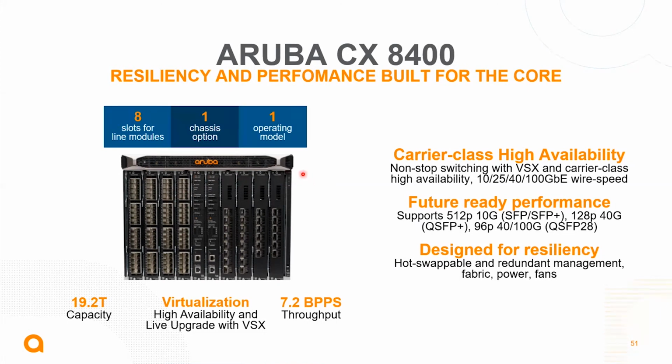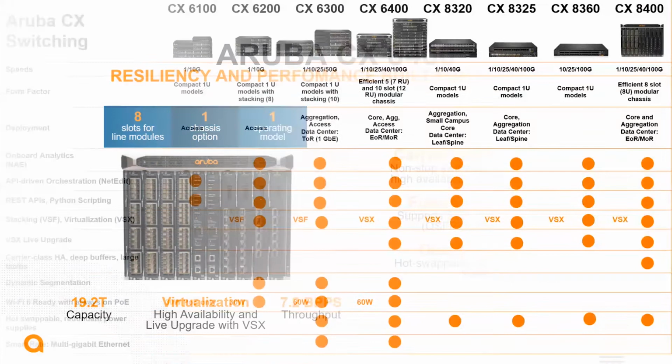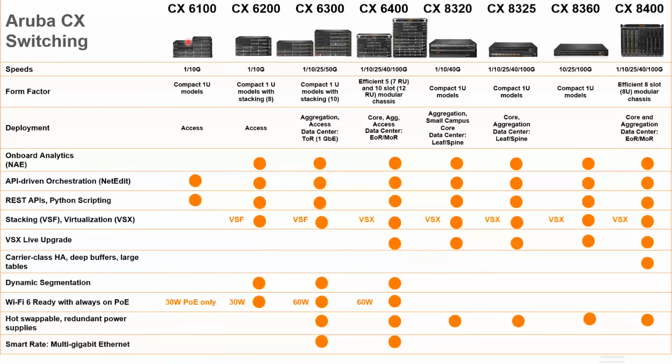For you to have a summary of the differences of our switches, let's take a look at this table. Coming from here, the 6100 can be orchestrated but not edited, and it doesn't have the NAE. All of these switches are going for the enterprise, because the 6100 is intended for the SMB.